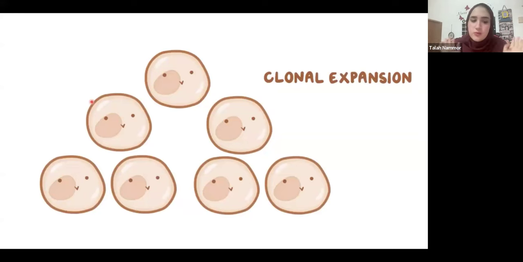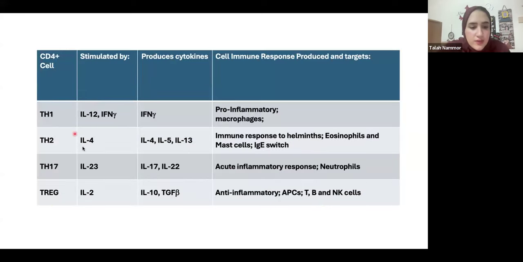It's like a strong independent woman. Okay, I don't need anyone's help. I'm going to secrete my own interleukin that will keep me alive. Okay, which is interleukin-2. So keep it in mind, guys. Interleukin-2 is important for what? Clonal expansion of T cells. And where is this interleukin-2 secreted from? The T cells themselves.